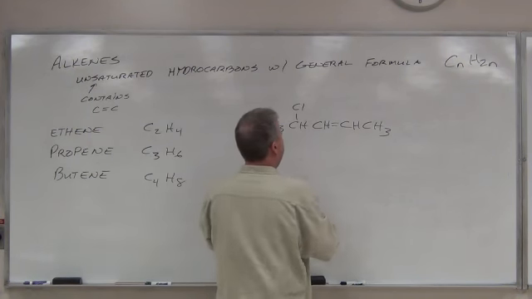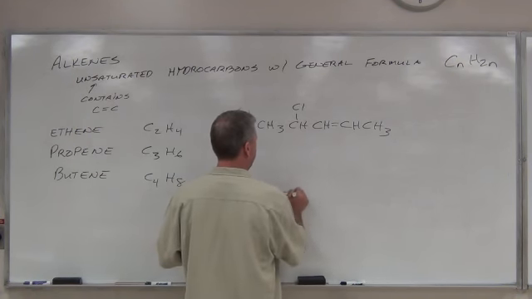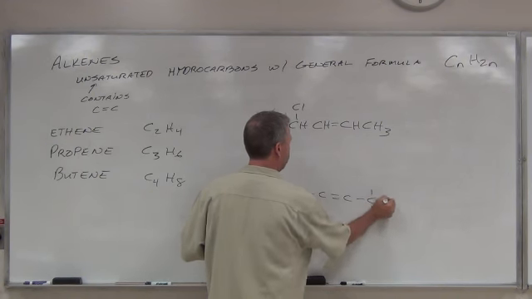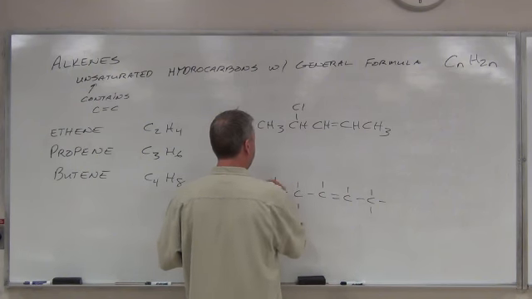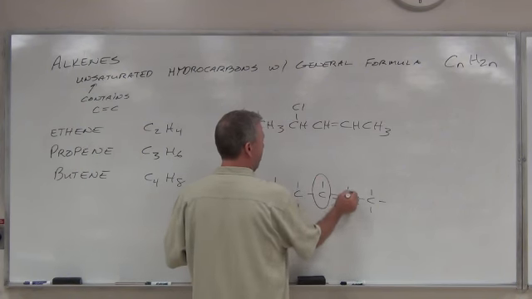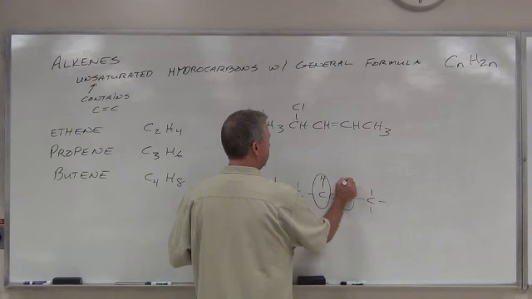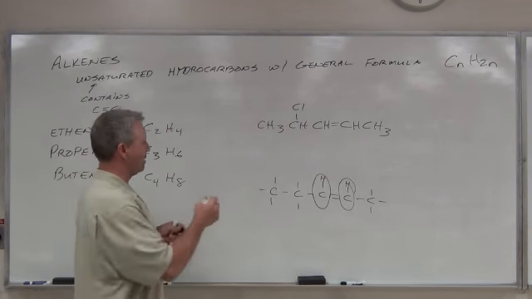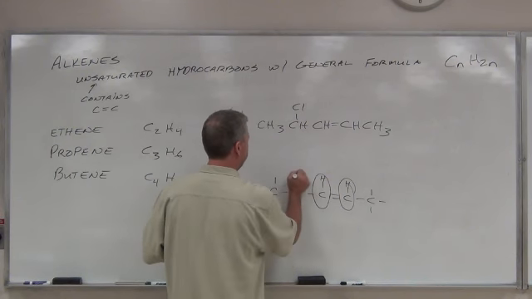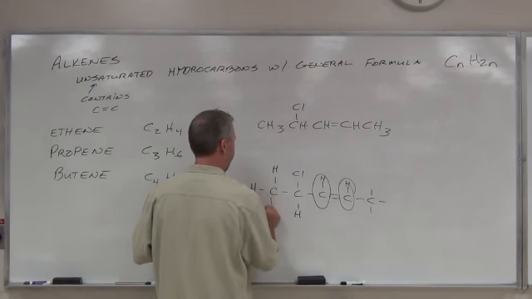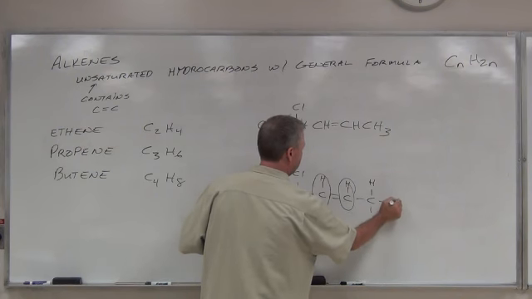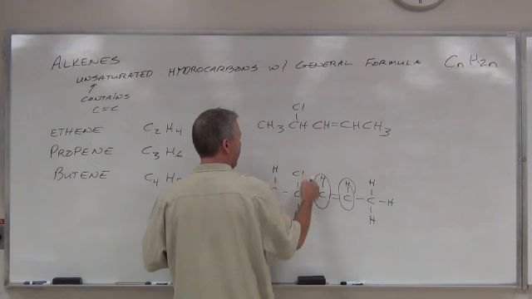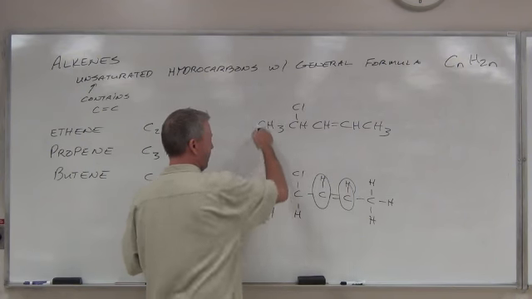But if you expand it out, you see that each carbon in my double bond has an H. My expanded formula here would be CH3, CH, double bond, CH, CHCl, CH3.